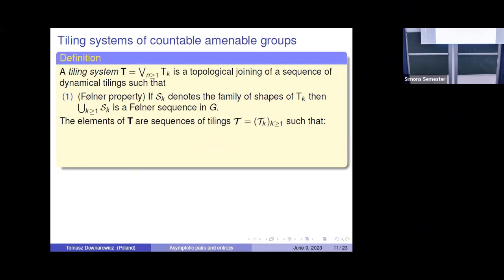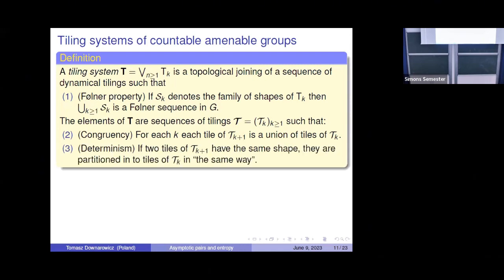The element of this joining is a sequence of tilings belonging to these dynamical tilings. So we have this boldface tau, which is a sequence of calligraphic taus. And what we require is congruency. That means that every tile of tau k plus 1 is a union of the tiles of tau k. And moreover, we want these to be uniquely determined by the shape of the larger tile. So if you see the shape of a larger tile, you know exactly how it's subdivided.